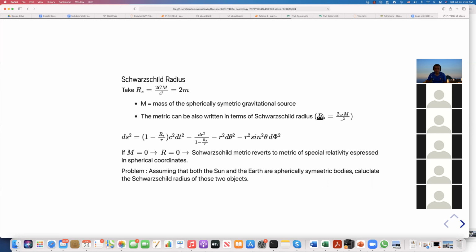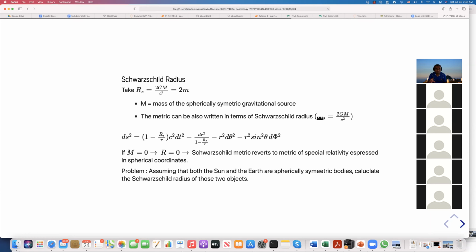So I want you to find the Schwarzschild radius for the Sun and Earth, which are spherically symmetric bodies. And once you have those two values, the values themselves tell us a story, right? So I want those two values to continue from this particular point. Therefore, I would like you to do this simple calculation and come back with the answer.